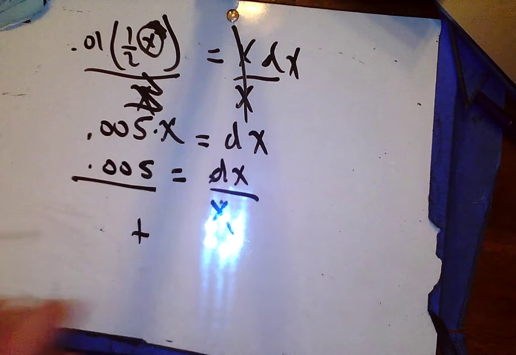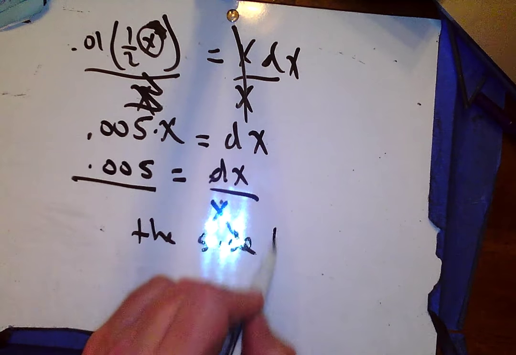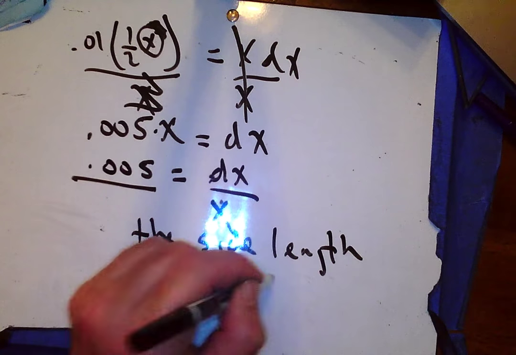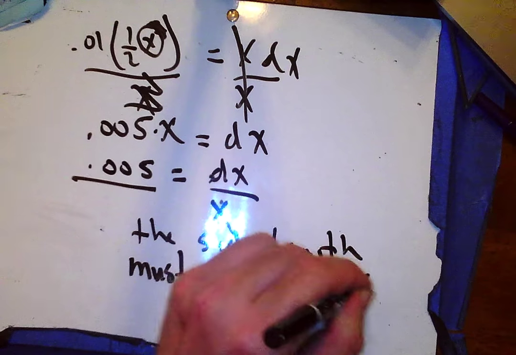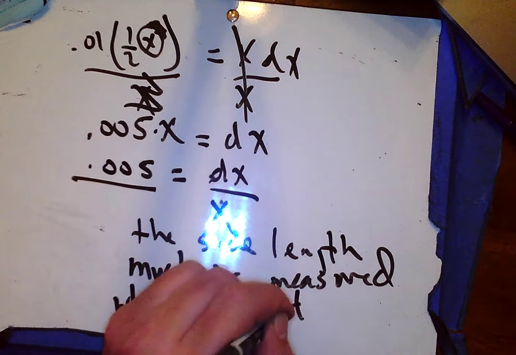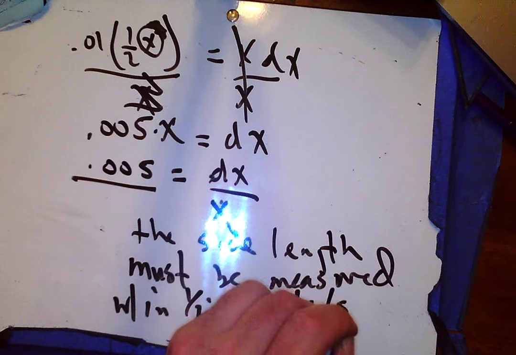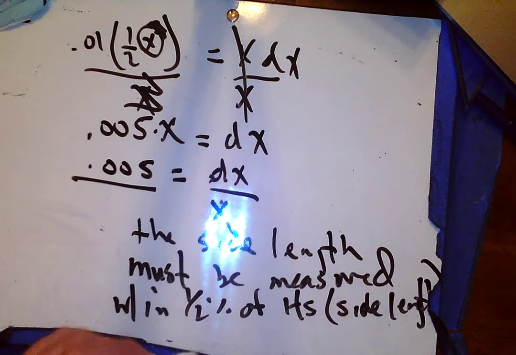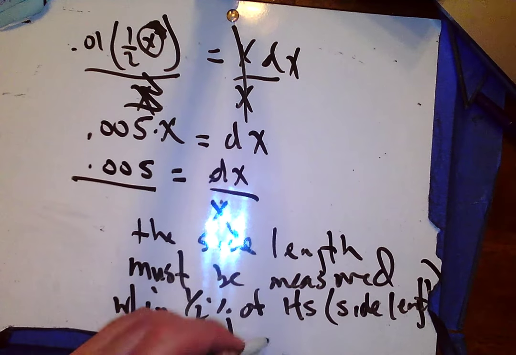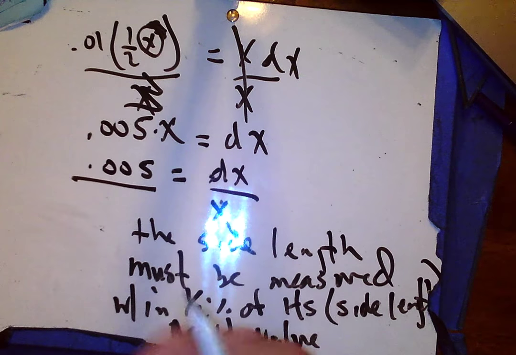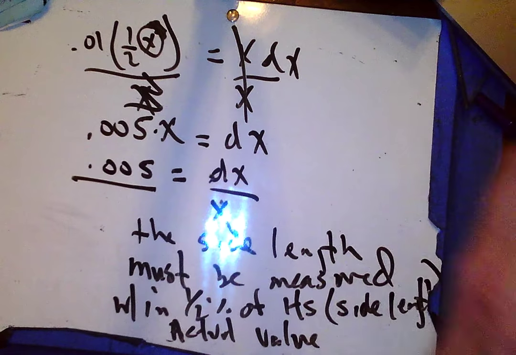The side length must be measured within 0.5% of its actual value if we want area to be within 1% of its actual value. Well, that was exciting.